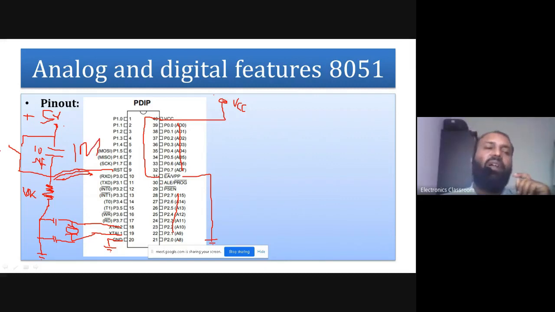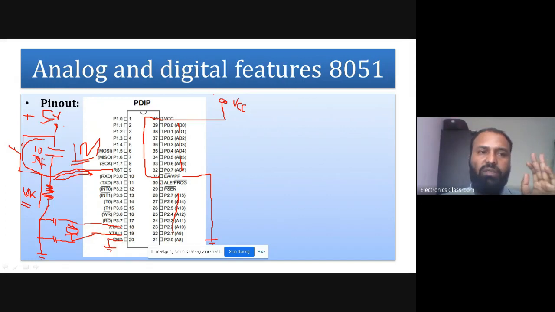Okay, we know that a capacitor can have controlled charge or controlled discharge. So whenever I press that switch, the capacitor will discharge through this path. But since there is a resistor, it will not discharge instantly, it will take a certain time, and we have adjusted the resistor and capacitor values such that we will have at least one machine cycle held at a particular potential.